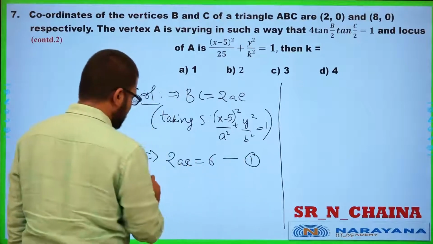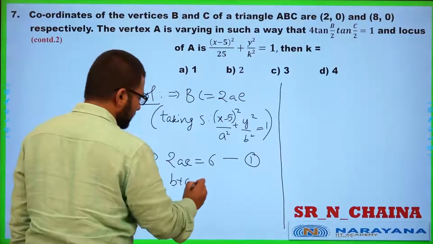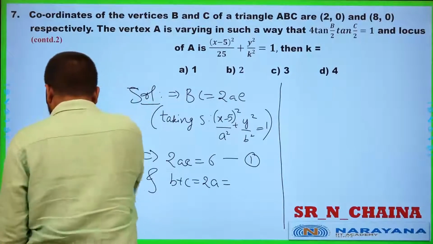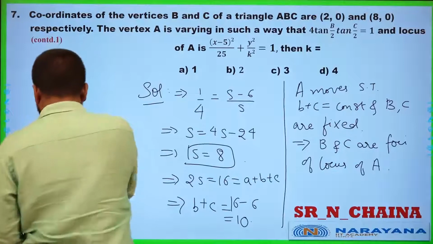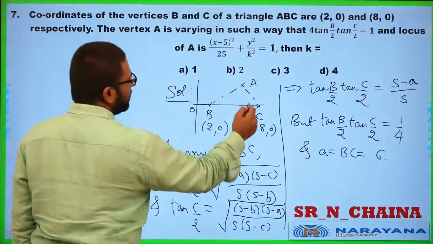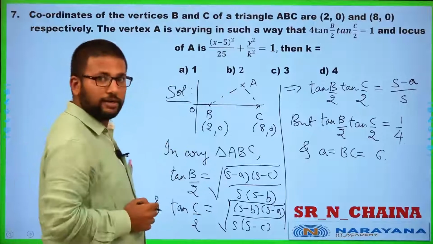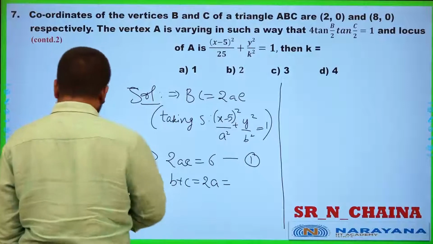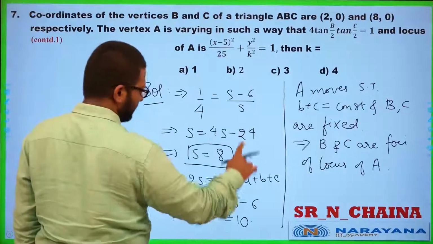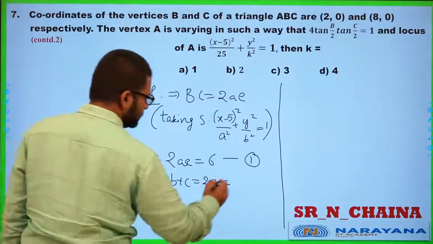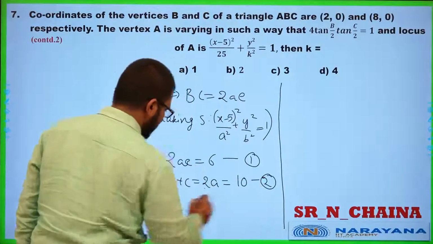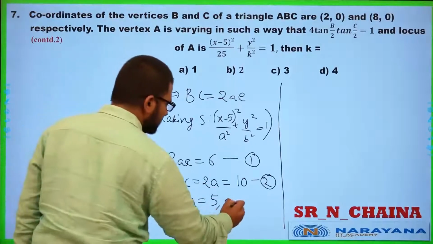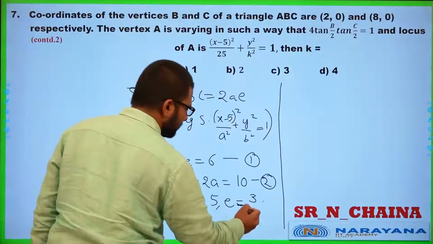Let this be equation 1, and B plus C is 2A, because the sum of the distances is always constant and it is equal to the major axis. So B plus C is 2A, and we found out B plus C is 10. So the value of A is 5 and E is 6 by 10, which is 3 by 5.